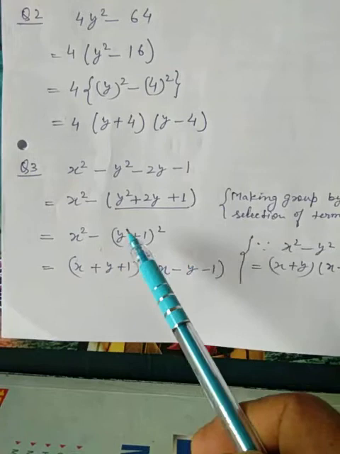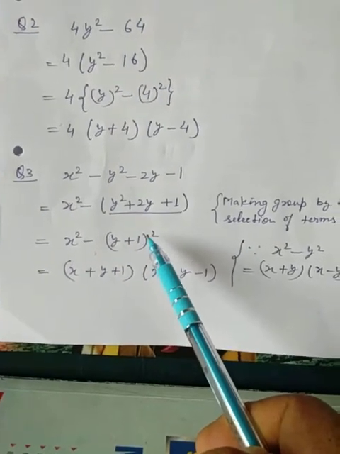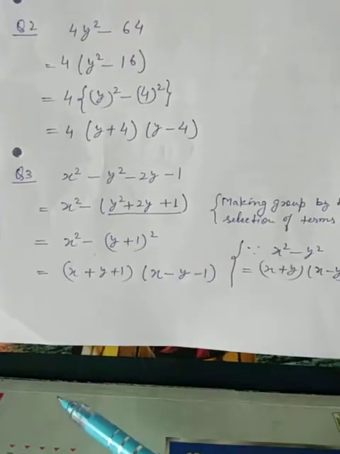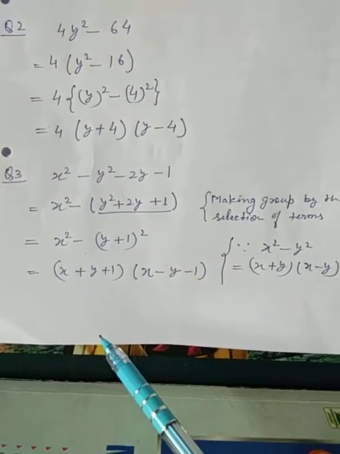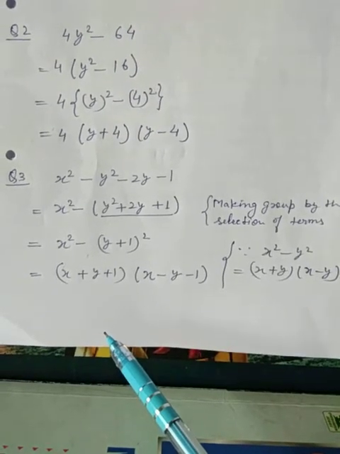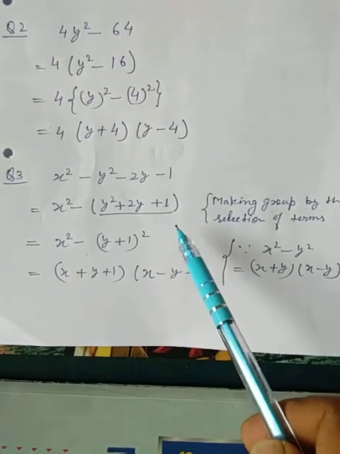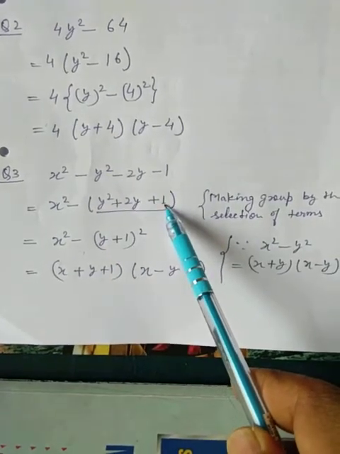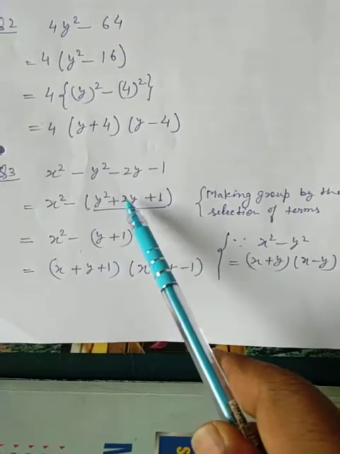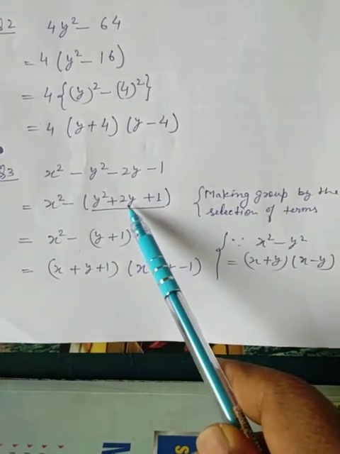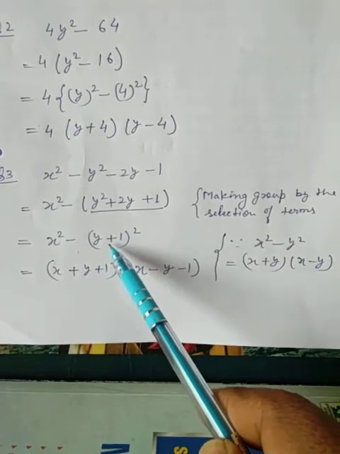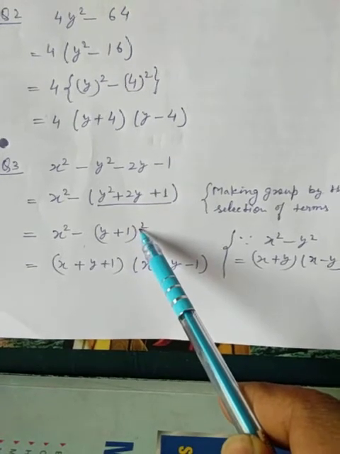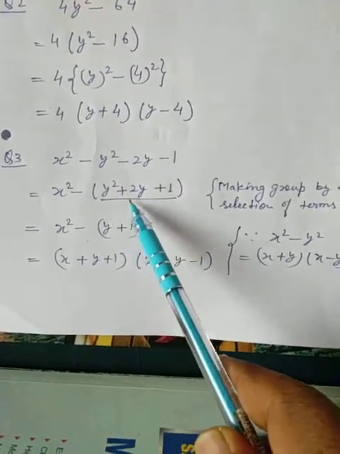If you like, you can write this as (y plus 1) whole square, because we learned an identity in class 7th as well as in class 8th: (a plus b) whole square equals a square plus 2ab plus b square, right? So this gives the square of the first term, here 1 is the square of the second term, and in between them 2 into the first term y and the second term 1, so as a result it is coming as 2y. So overall, using that identity, it is coming as (y plus 1) whole square. Again I would like to repeat where I made the underline.